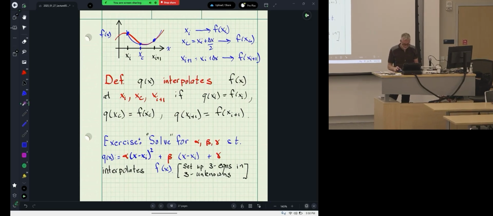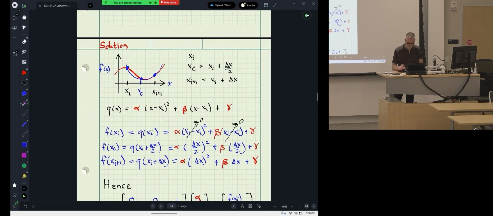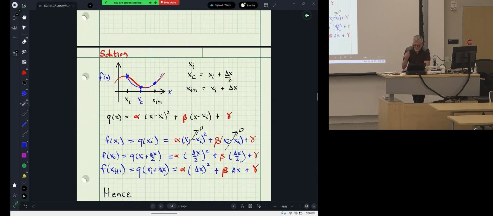Okay, so I think you guys got progress on that. So here's the solution, and of course you'll have them when I post them, which is really soon. So we want the interpolated function to agree with the data points, and the red curve is just imaginary because we may not even have that.